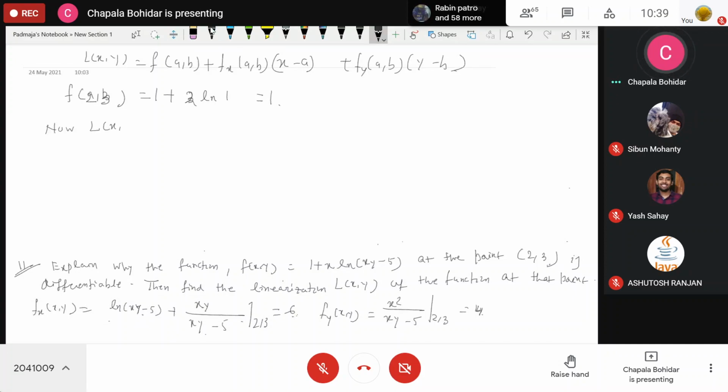Okay. So now L of x, y is equal to 1 plus, that is function of a, b, we get here 6 into x minus 2 plus 4 into y minus 3. So simplify. 6x plus 4y minus 23.